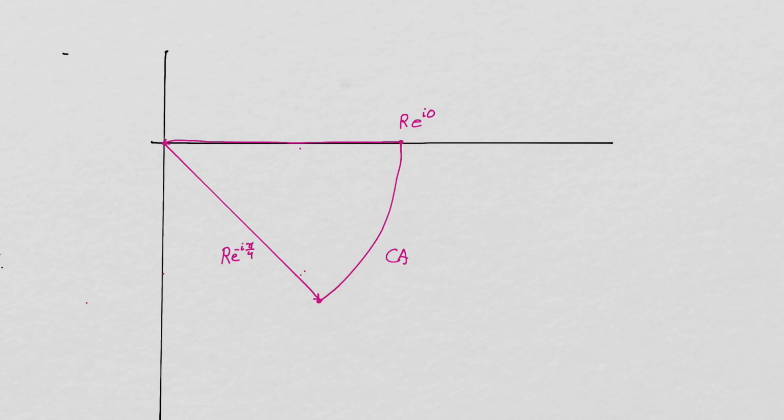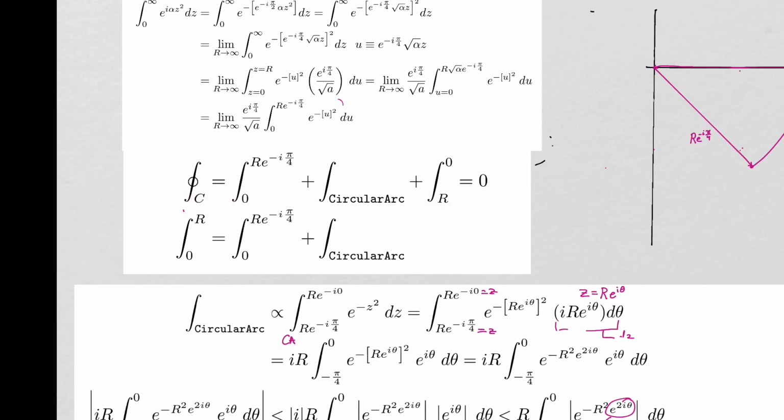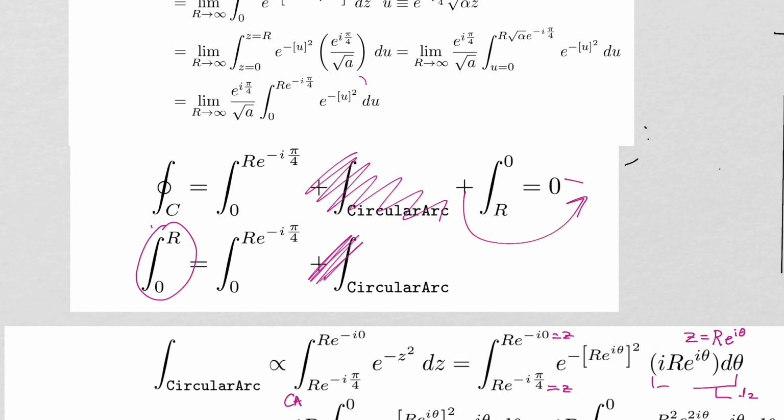So now because of that, we can go back to this expression, right? Our total contour integral is the integral we're interested in, plus this circular arc, plus r to 0 equals 0. I can now say, okay, this guy goes away. Well, I guess I can say that the integral from 0 to r, because we put this on the other side, pull in a negative sign, and get rid of the negative sign by flipping the limits of integration.